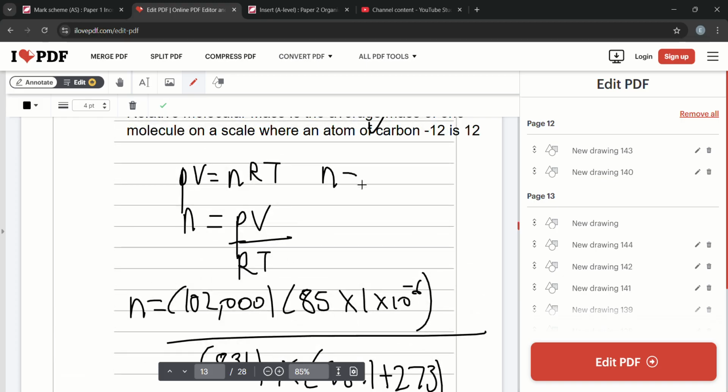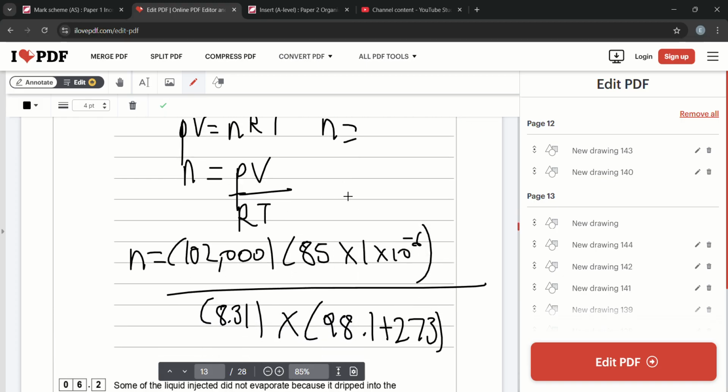Let's work that out, and then we can carry on from there. That gives 2.81 times 10 to the power minus 3.